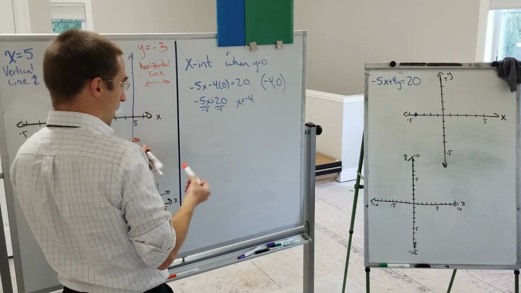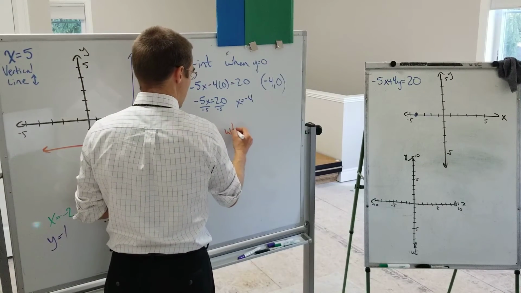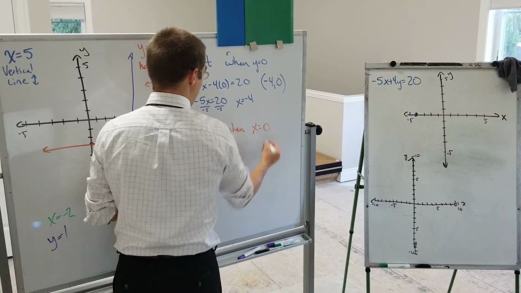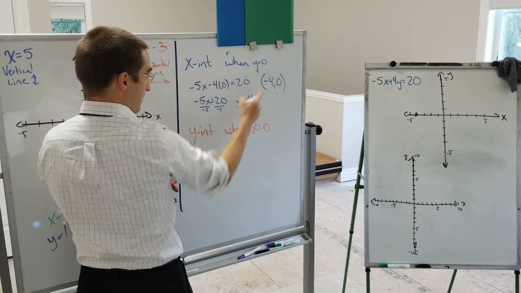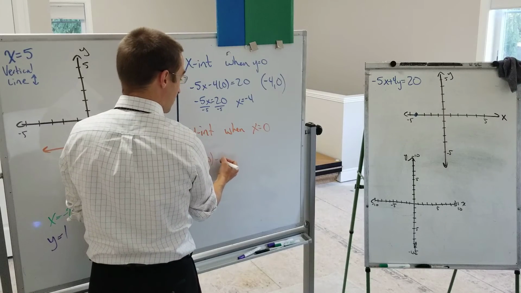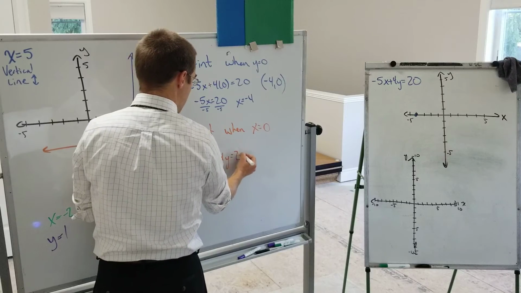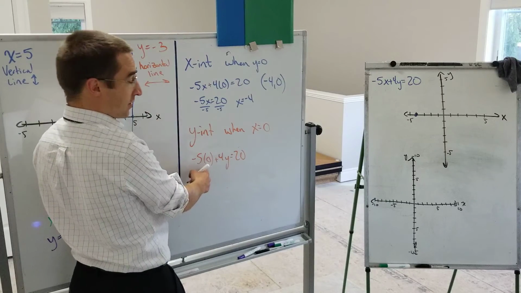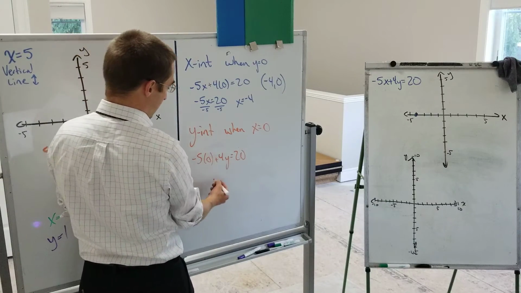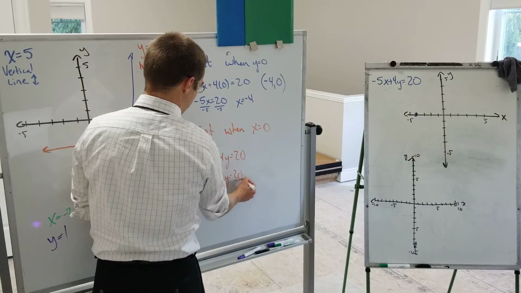Now I'm going to find my y-intercept. So the y-intercept is when x equals 0. So I make x equal to 0. Sorry, this should have been a plus. So I have negative 5 times 0 plus 4y equals 20. That's just 4y equals 20. Divide by the 4.